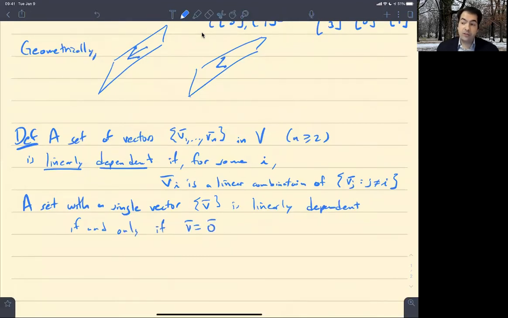Right, so if you have the zero vector, then you didn't really need to tell me that. So that's the redundant setting. So a set with a single vector is linearly dependent if that single vector is zero. Otherwise, a set is linearly dependent if one of the vectors is redundant when you're thinking about span, linear combinations.